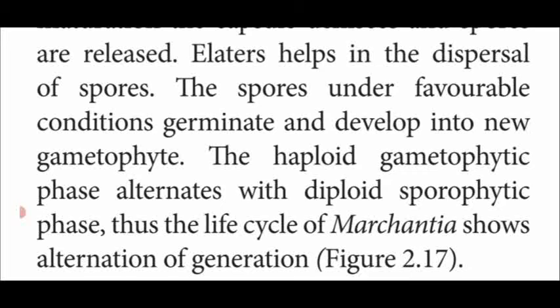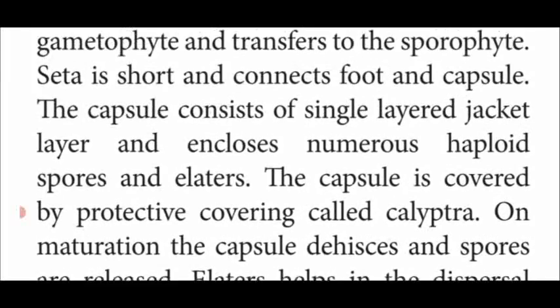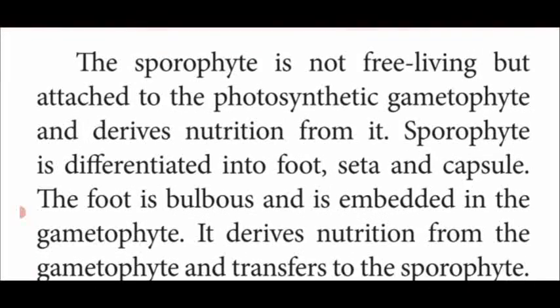The diploid zygote develops into a multicellular sporophyte. So here the sporophyte is diploid and the gametophyte is haploid. So Marchantia is showing the alternation of generation. The structure of sporophyte is an important 5-mark question.